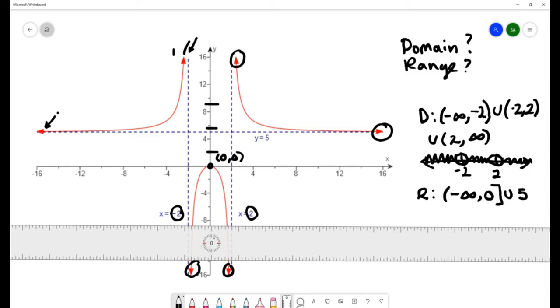So remember what we talked about is happening at these arrows on the ends. The line is going to get closer and closer to the dashed line without ever reaching it, without crossing it. So 5 is not included in our range because the graph will never reach 5. So we use a parenthesis there. Let me write that a little bit neater.